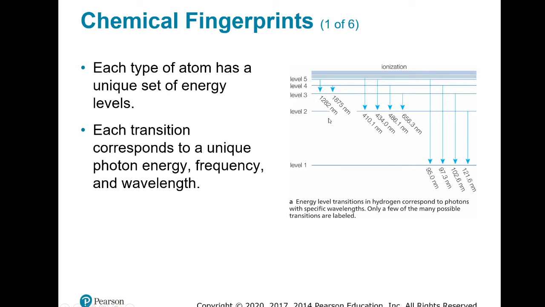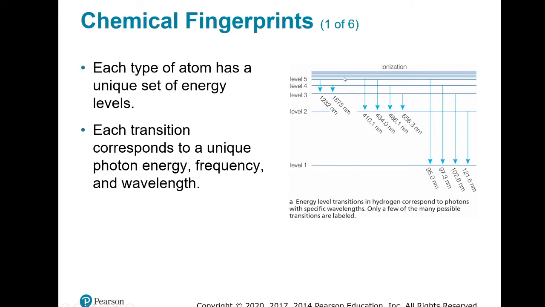But it will only stay at that energy level for a short amount of time. When the electron falls back down to a lower energy level, it emits a photon of energy equal to the difference in energy between those two states.